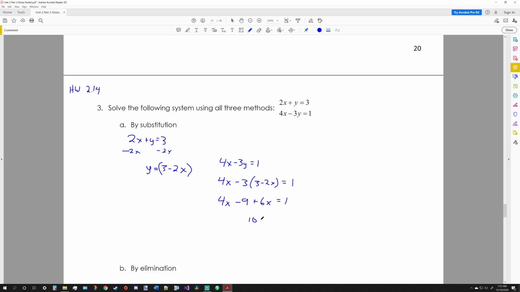And combining like terms and solving here. Okay, I get x equals 1. I'm going to go back and plug that in over here.